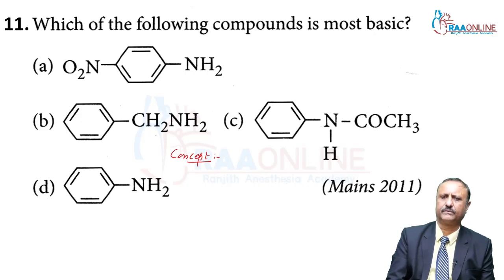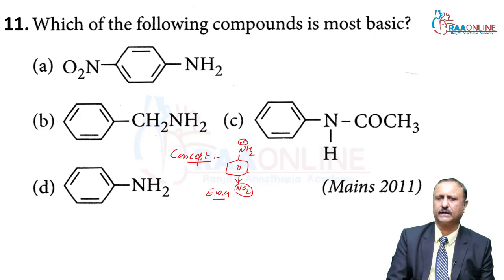In these aryl amines, when an electron withdrawing group is attached, for example NO2, which accepts electrons, the electron density on the nitrogen atom decreases, because the lone pair of electrons goes to the benzene ring and is present at the ortho and para positions.